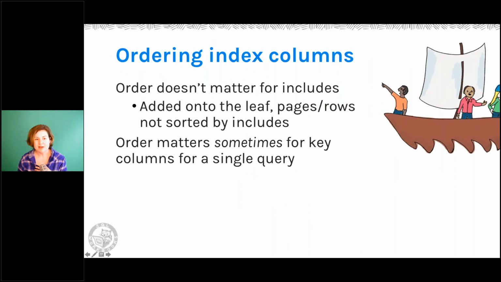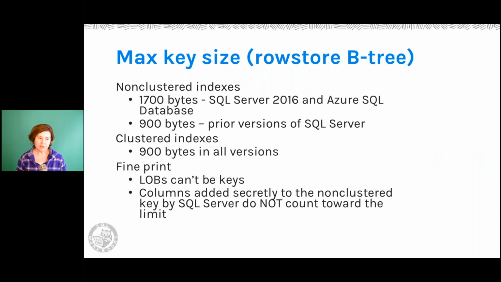The gotchas about included columns is really that they take up space. But it's not going to bloat the upper levels of your index because those only contain the keys. They're just sort of tagging along in the index leaf. Sometimes columns end up in the includes just because you have a lot of predicates and there is a limit to the amount of key columns you can put. You cannot have an unlimited key size.